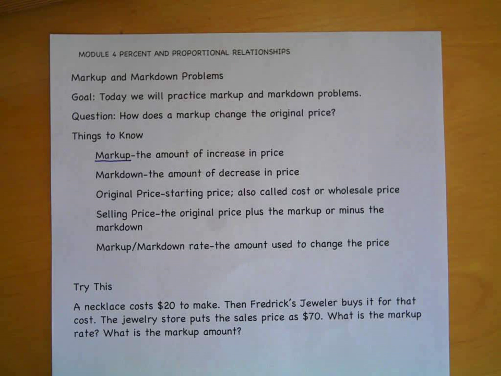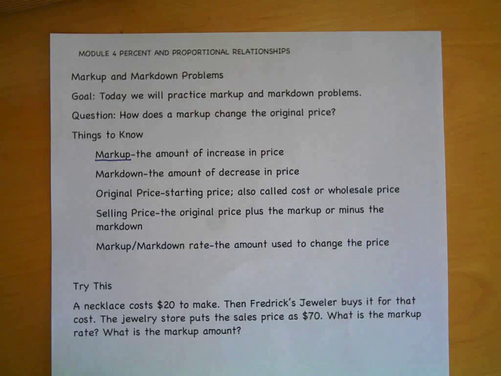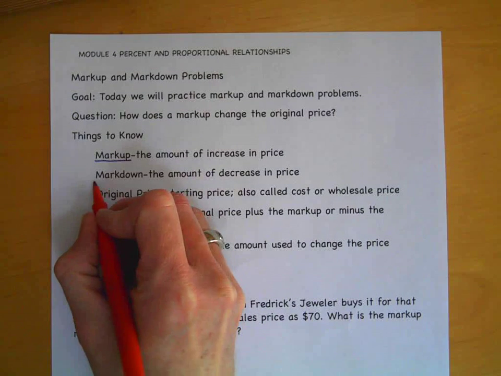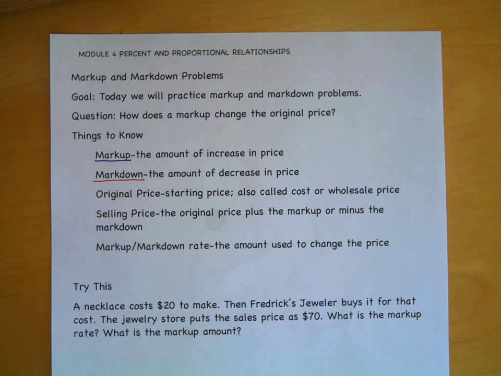The mark down is the amount of decrease in the price. So if you are marking something down, then the amount that you're going to subtract off is the mark down. The original price is the starting price, also called cost or wholesale price.